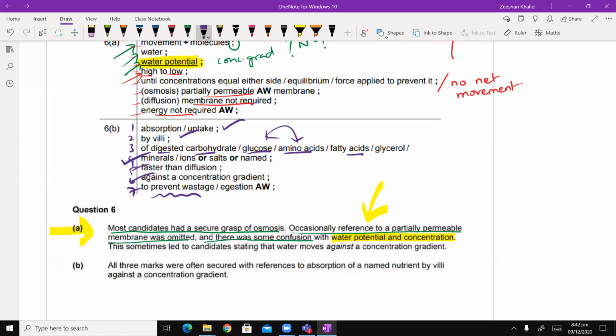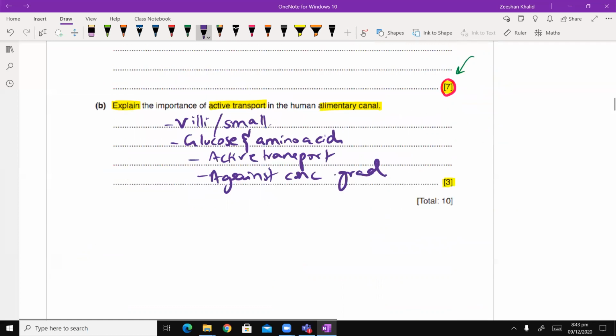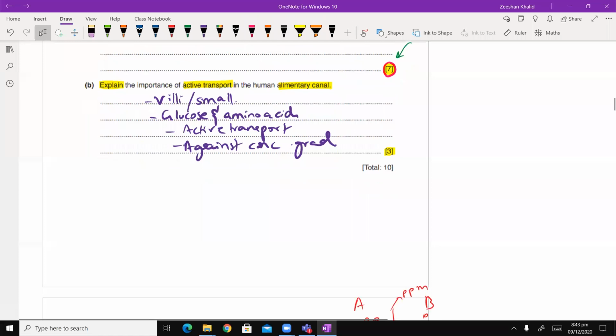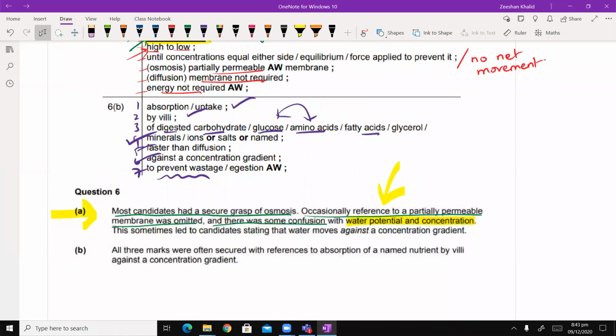That's the reason why the digestion is happening in the first place. ठीक है, तो basically जितना मैंने लिखा है वो भी it was sufficient for you to score the marks. Let's see what the examiner has to say for this. All 3 marks were often secured with references to absorption of a named nutrient by villi against the concentration gradient.